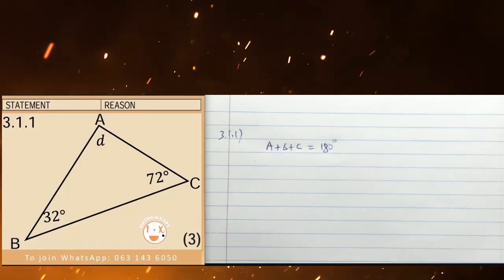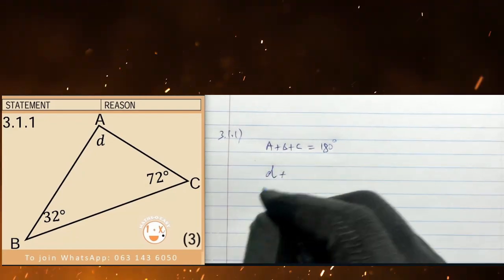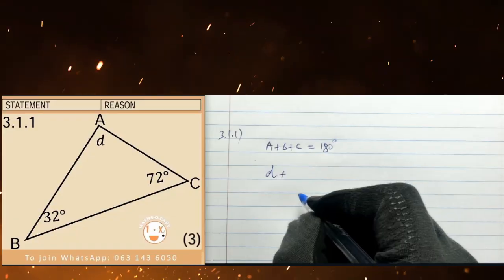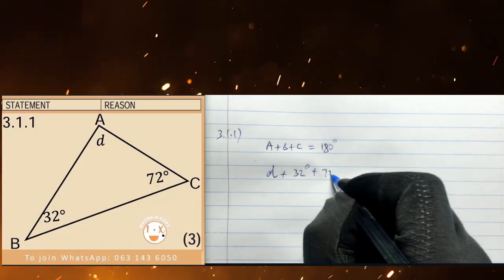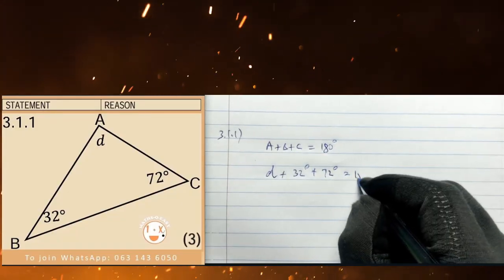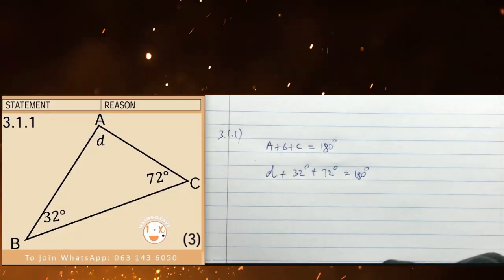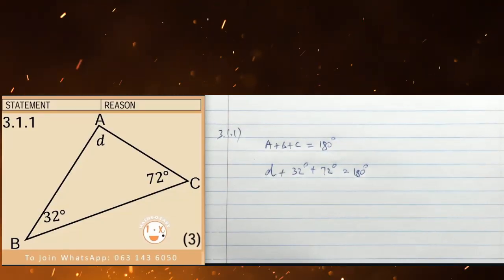Where can you start? You can just start by saying d plus 32 plus 72 is equals to 180. Your favorite number. There is 180 where it applies. Okay.